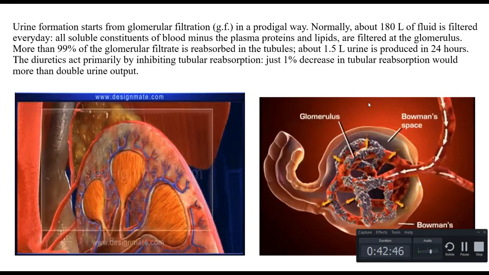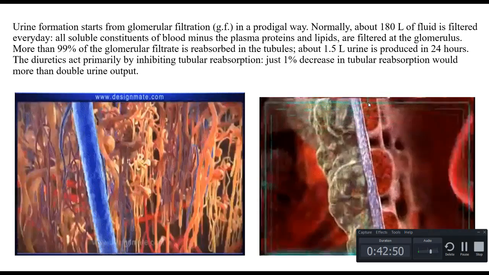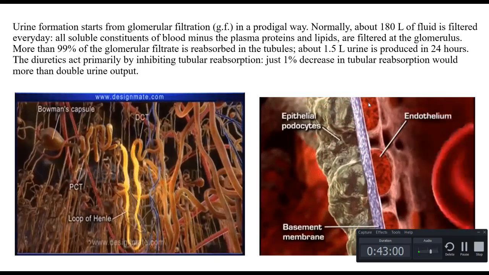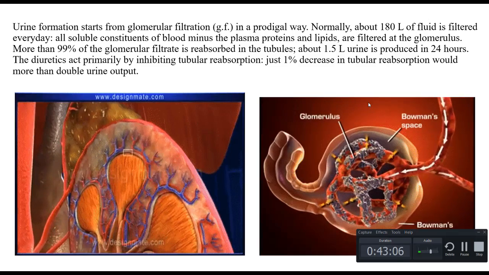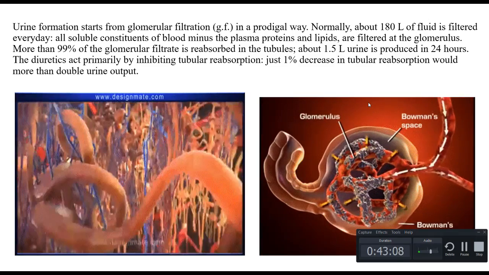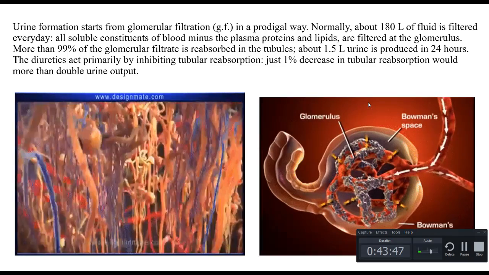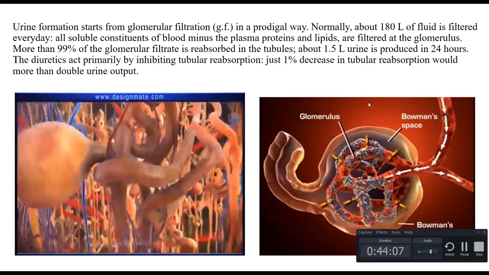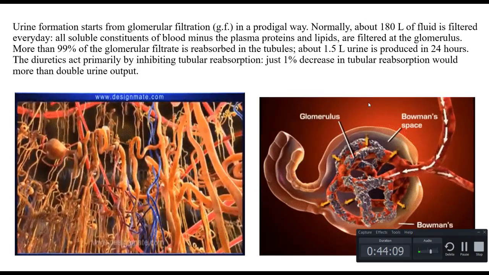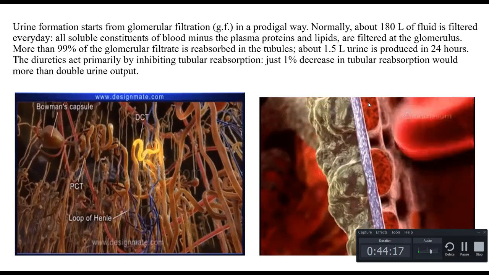In a normal human being whose kidneys are working properly, females filter 150 liters per day and males filter 180 liters per day. It filters all the blood constituents except the plasma proteins and lipids, and it doesn't filter blood cells and platelets.